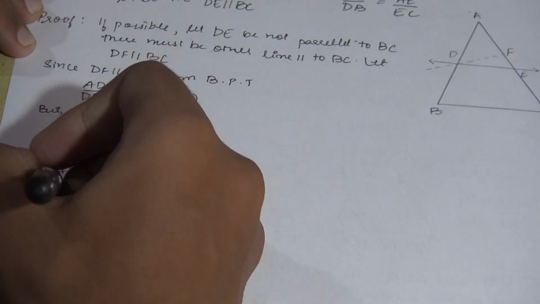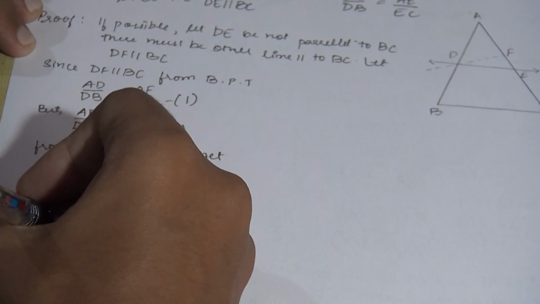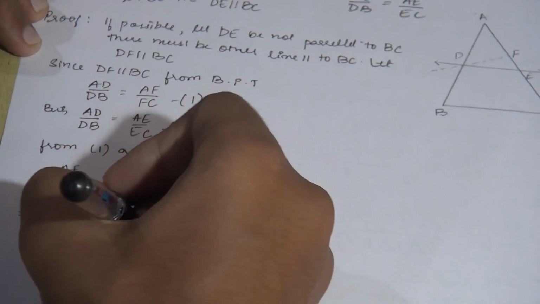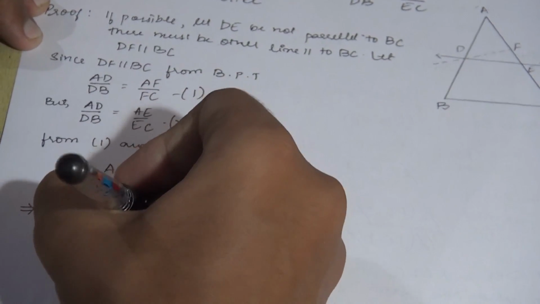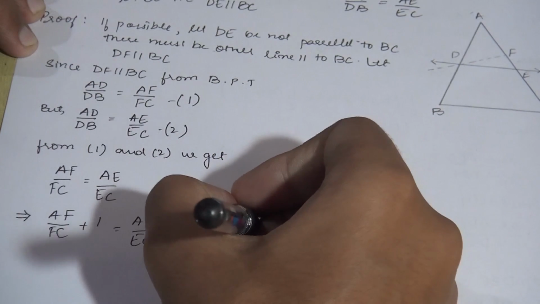Now adding 1 to both sides, that is AF by FC plus 1 is equal to AE by EC plus 1. Don't forget to add 1.